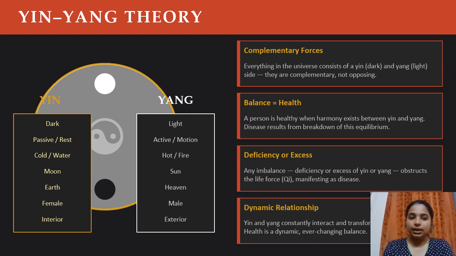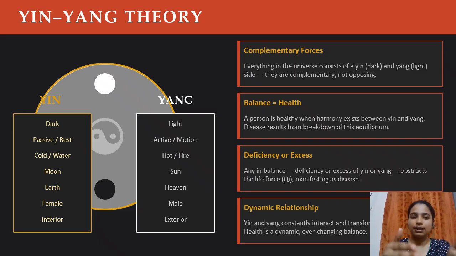In yin, as I already explained, it is a darker side. It is a passive or restful side, because we are talking about the colder, shady area of a hill. So there will be less action.